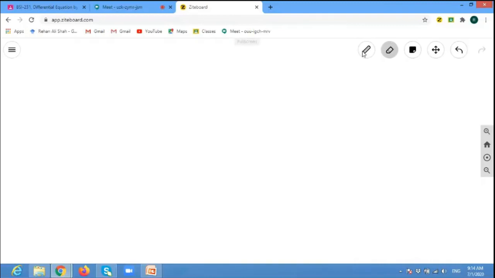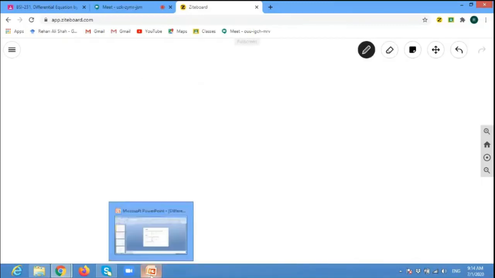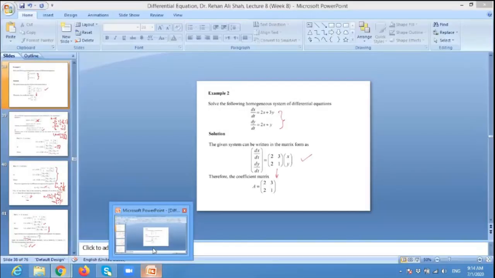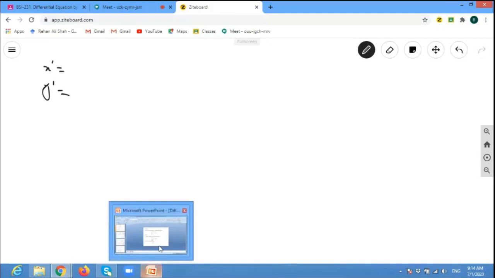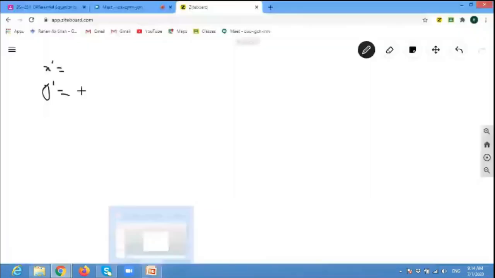So the system is x dash is equal to 2x plus 3y, and y dash is equal to 2x plus y.